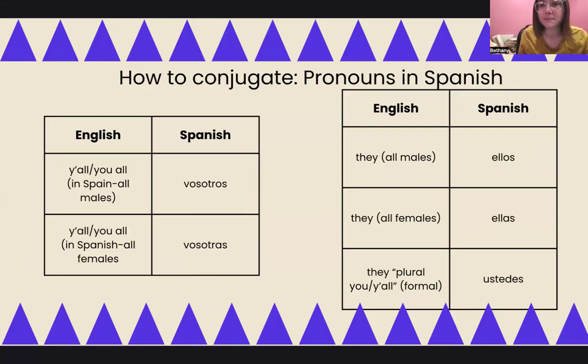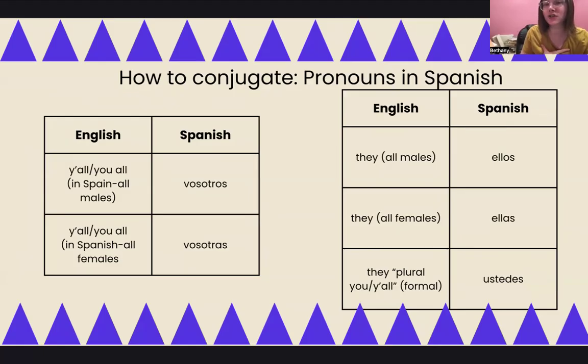In our natural English, because I'm assuming many people watching this speak native English, it's common for us to want to say vosotros with an English V, but actually, if you study the linguistics of Spanish, B's and V's in Spanish make the same exact sound.